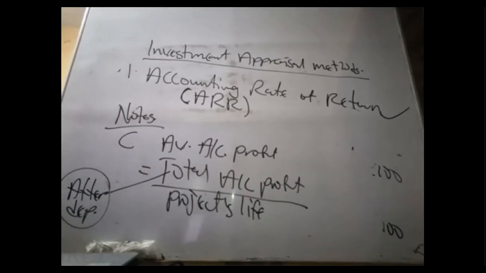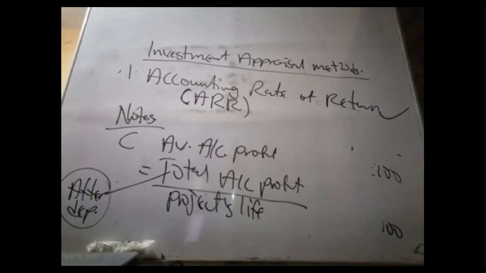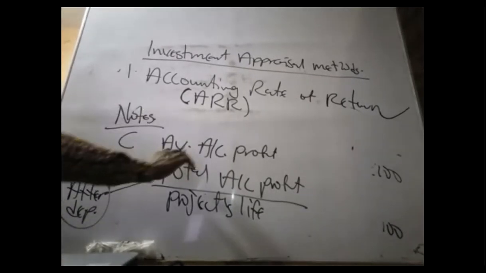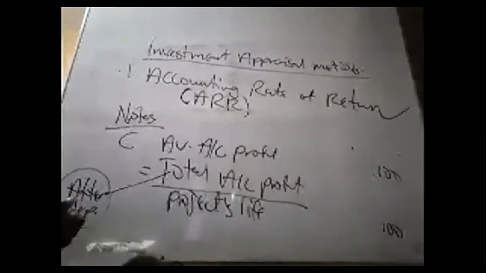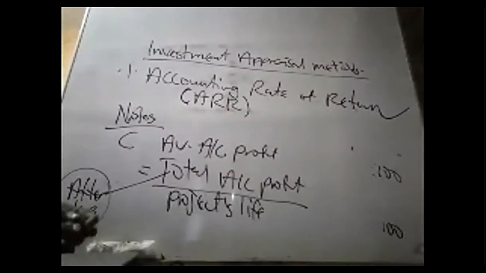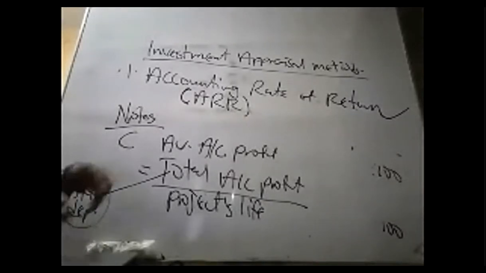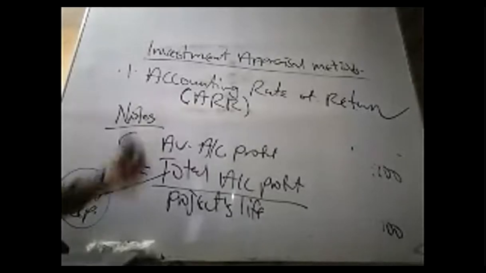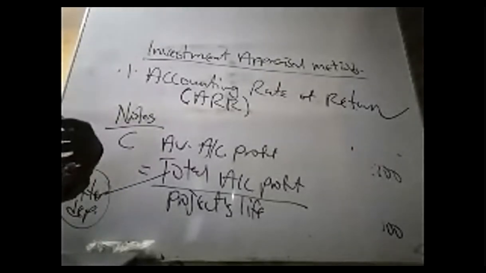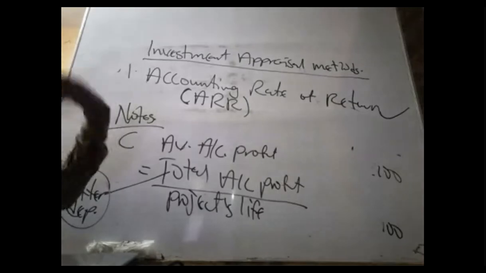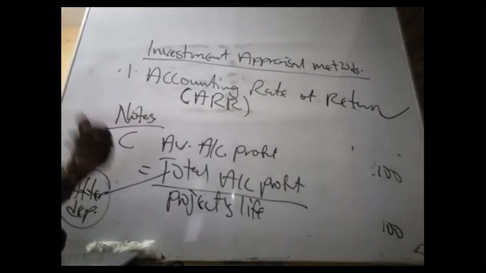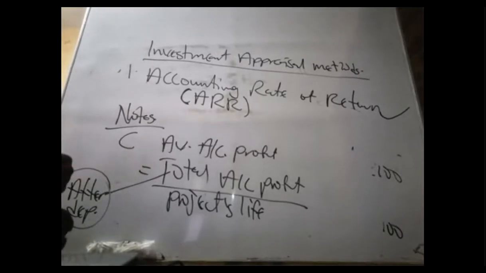Now let's do something here. Here you just have to add all the profits that are likely to be generated from the projects. Then you add all the profit together. You know how to get accounting profit, right? Sales minus the variable cost gives you contribution, minus the fixed cost, minus the operation cost.